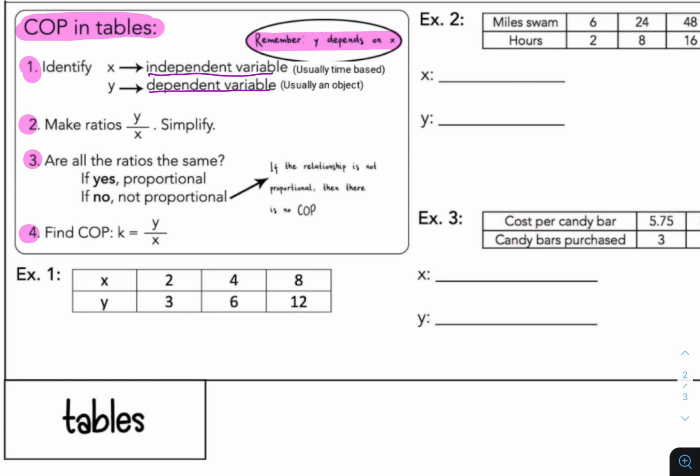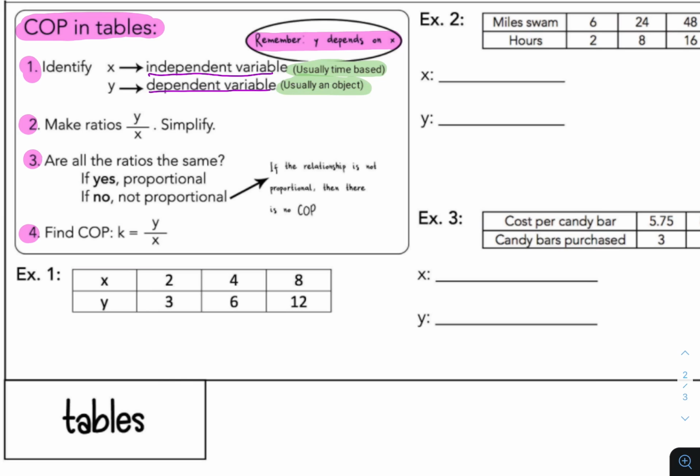Now, the independent variable is most typically time-based. Usually has something to do with time. Years passing, hours passing, something like that. And our dependent variable is usually an object. So like pants, shirts, pens, something like that.